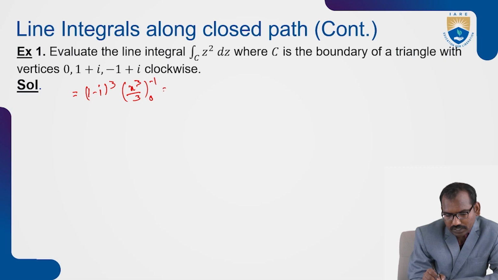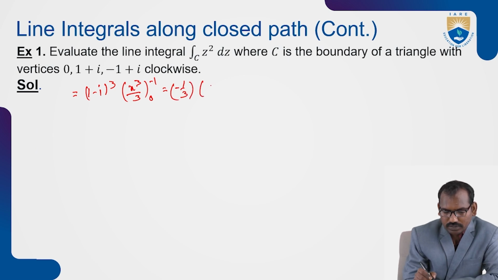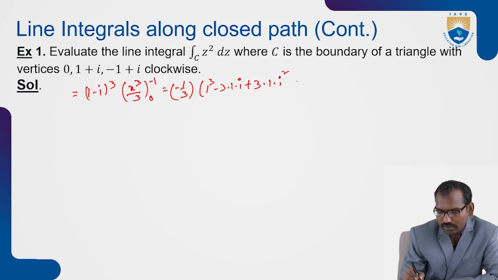So this is simply minus 1 by 3. Here we do the binomial expansion for (1 minus i) whole cube. You will get 1 cube minus 3 into 1 into i, plus 3 into 1 into i square, minus i cube.